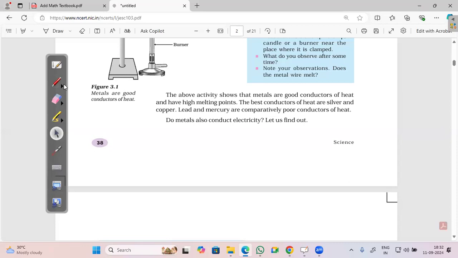So gallium belongs to metalloids and it has a low melting point, around 30 to 35 degrees centigrade.